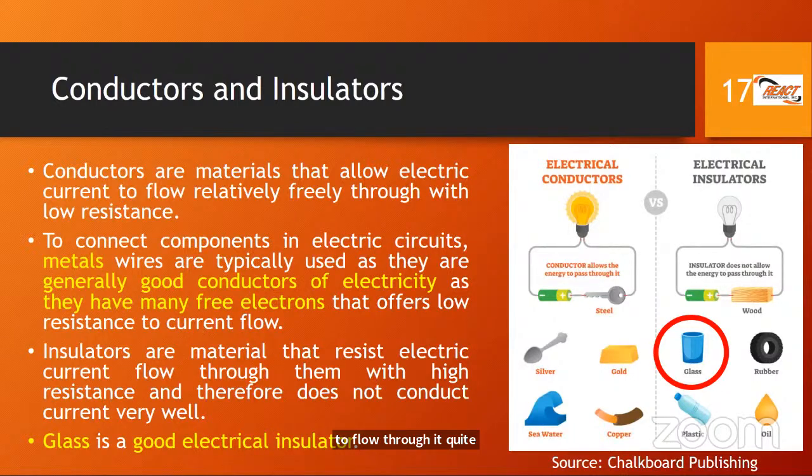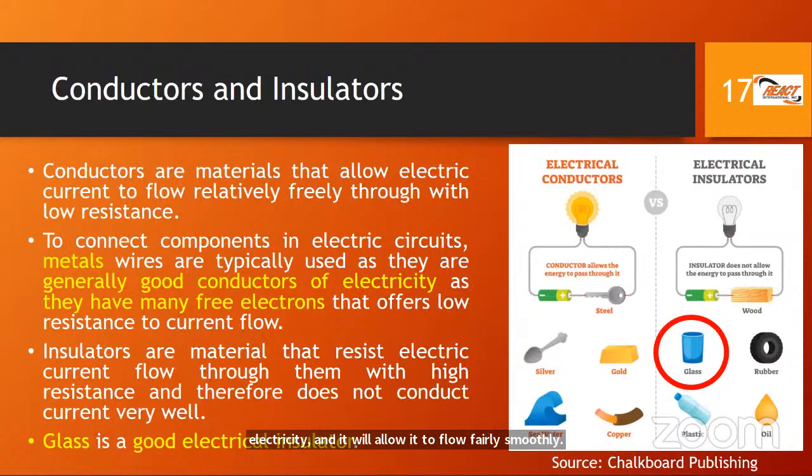That is what a conductor is. Think of metal: copper, aluminum, gold, silver. Those are conductors because they will conduct electricity and allow it to flow fairly smoothly through them.